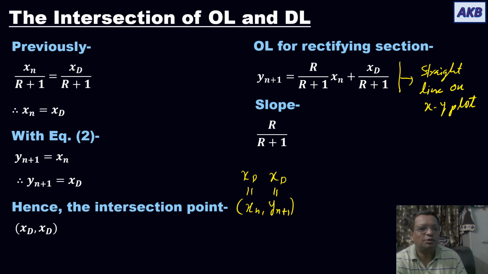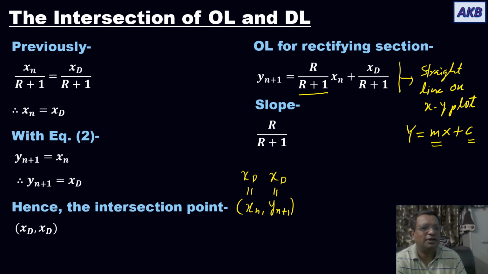What is the slope of that line? This equation is equivalent to y = mx + c, a straight line where m is the slope and c is the intercept on the y-axis.